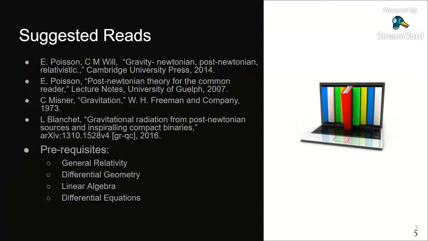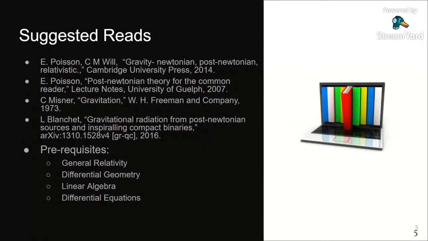Then we have a very specialized booklet by Eric Poisson on gravitational waves from inspiraling compact binaries, which is very informative, and then there is this very famous book by Charles Misner, which is called Gravitation. To study this topic, we need a little bit of background in general relativity, a little bit of differential geometry, linear algebra, and some knowledge of differential equations.